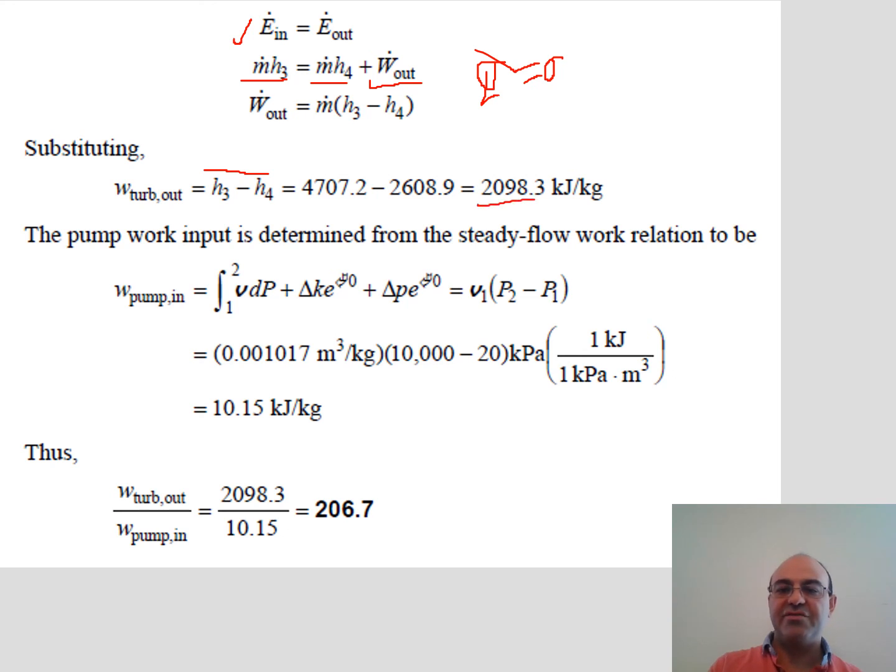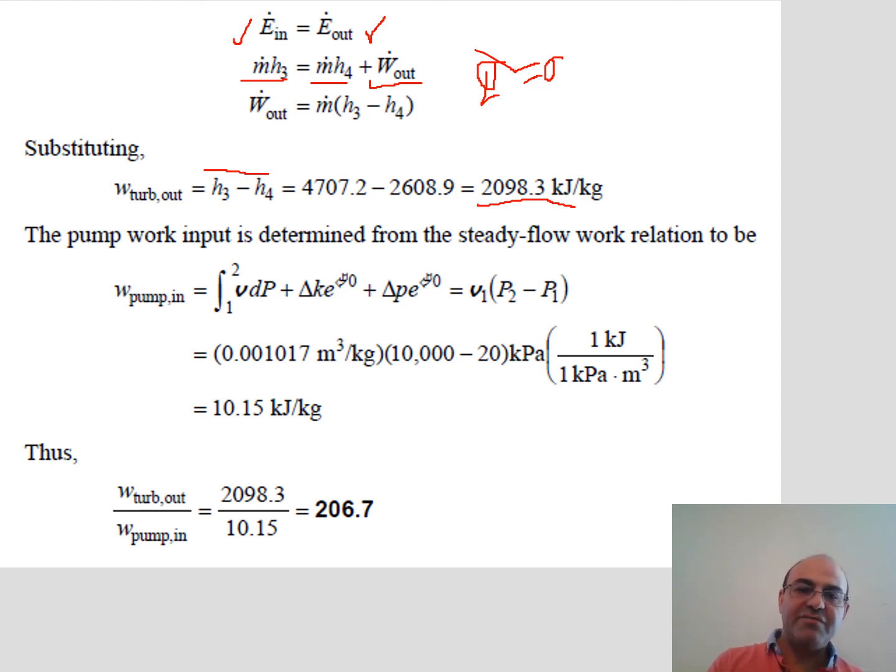So that's the value. Then for the pump, we can write the same equation. This equation, energy in equal to energy out, is valid for the pump as well. However, for the pump, we don't know the enthalpy at the outlet of the pump for now.